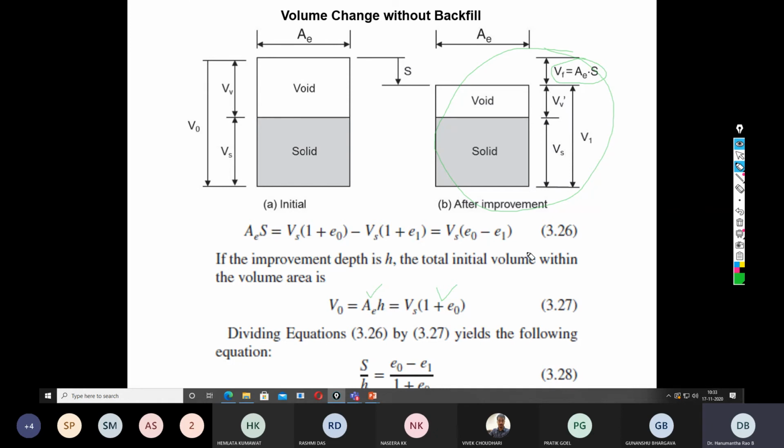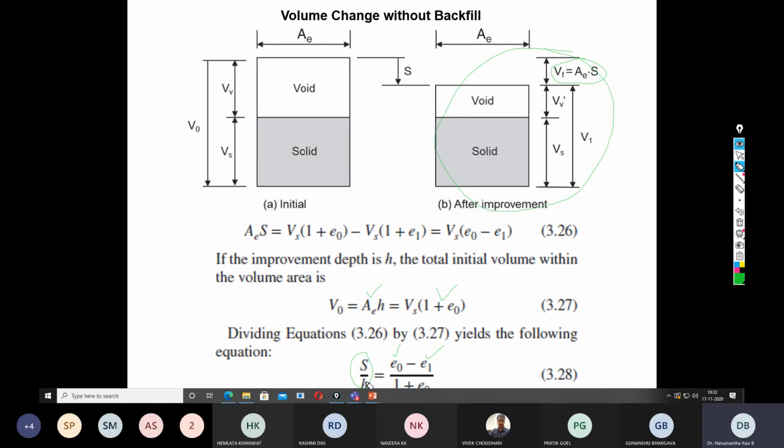If you equate or divide the two equations, 3.26 and 3.27, then we get a relationship between the depth of the improvement and the settlement at the ground in terms of the void ratio. So we can calculate the initial void ratio, and we can calculate the final void ratio.